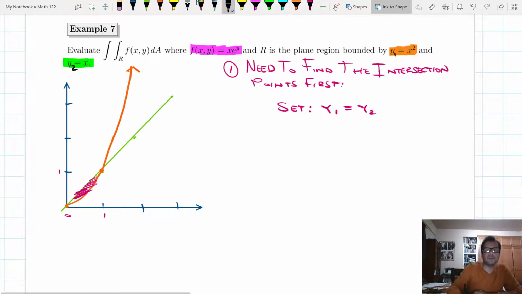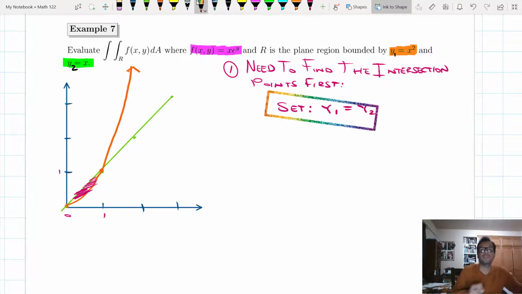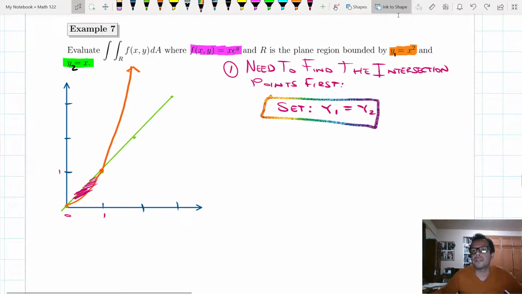So what are we going to do here? This is what we do. That's the key. In this case, let's set x squared equal to x.